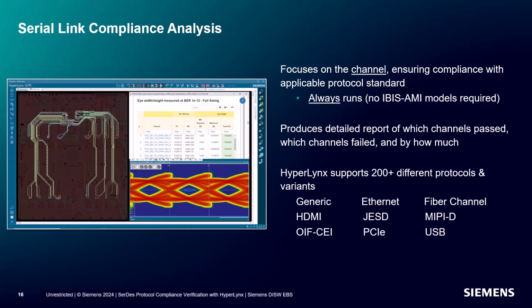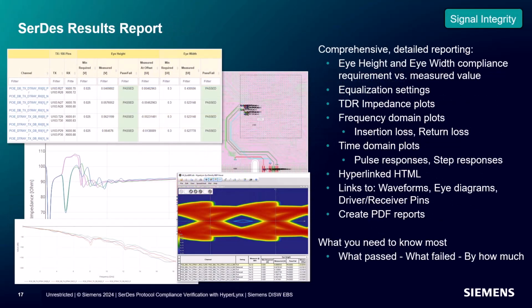Hyperlynx supports protocol-specific analysis for over 200 different protocols and variants, providing the broadest standards-based support in the industry. The Hyperlynx Compliance Check Wizard provides comprehensive results reporting, including compliance requirement versus measured values, equalization settings, time domain and frequency domain plots, as well as links to waveforms and eye diagrams.